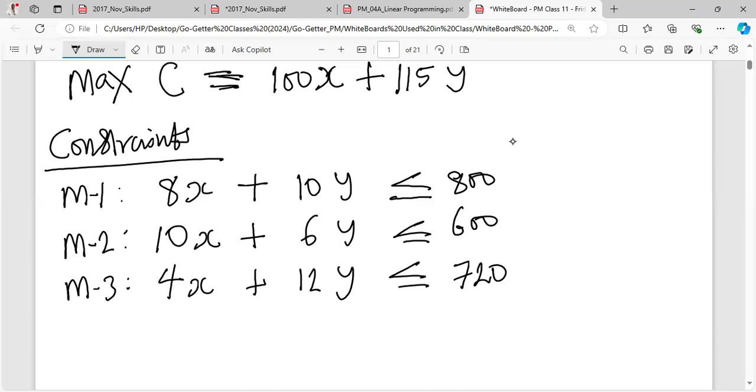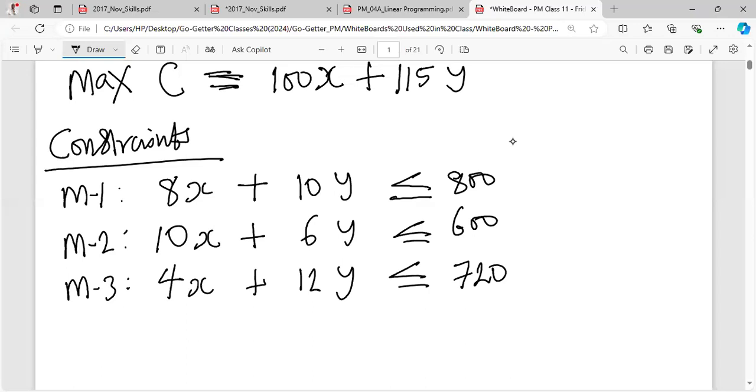The constraint is 8x plus 10y less than or equal to 800, 10x plus 6y less than or equal to 600, 4x plus 12y less than or equal to 720. Now, if we solve this equation like this, it is possible that we can have a negative value where x may be negative or y may be negative, or perhaps both may be negative.